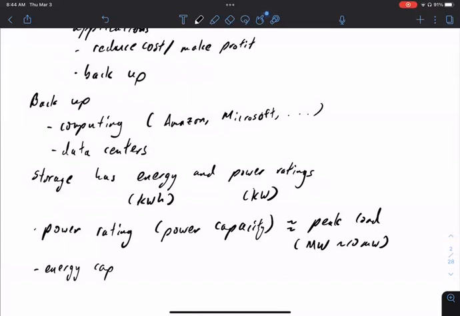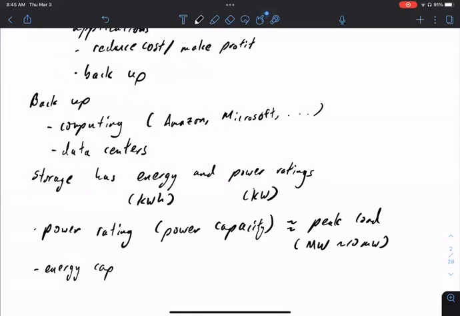So how long does this battery have to run? You cannot buy a 10 megawatt battery that runs 8 hours. That's the size of a lake. So this is typically about 5 to 10 minutes. You have a battery with very large power capacity, but not so large an energy capacity, and sometimes you use specialized batteries for this.